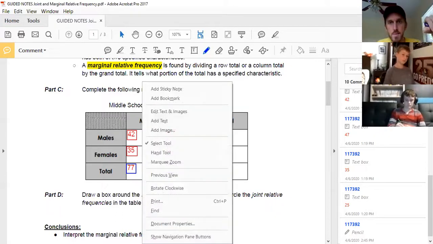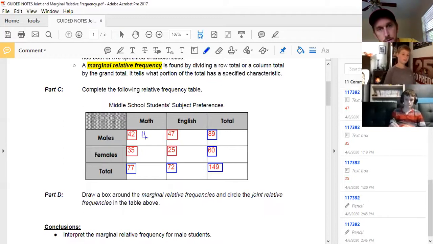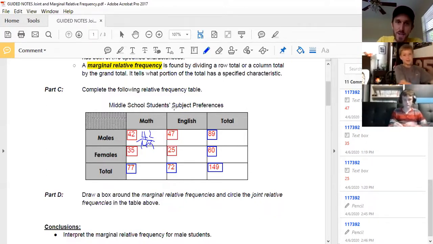And my grand total is 149 students. So 42 divided by 149 gives me a percentage, and that is the relative frequency of that little field. So what is 42 divided by 149?